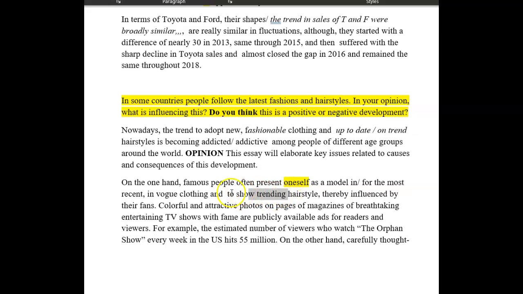I mean, gosh, this is not perfect, but what I want to show you is that we really, really, really need these adjectives here, thereby influencing. They're not influenced by their fans. The fans are influenced by them, thereby influencing their fans.